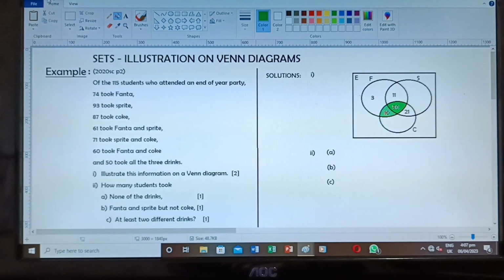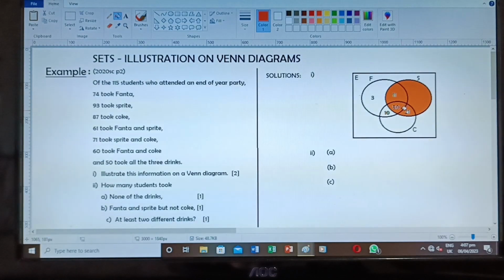We are told again that 93 took Sprite. The region representing Sprite is this one I've painted orange. And when we add all these quantities here, we have to get 93.